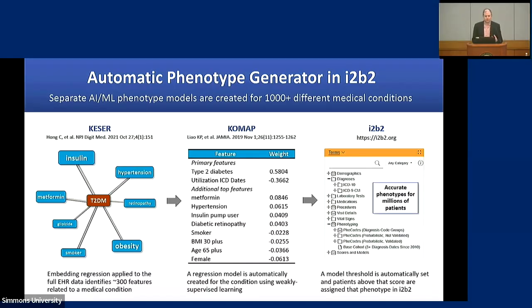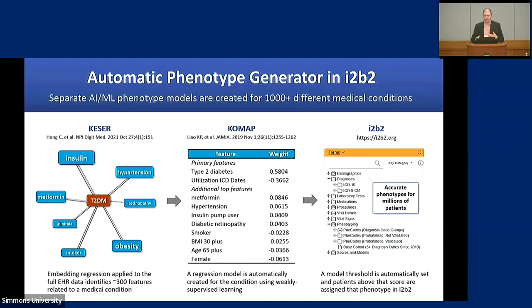It's a software program that takes all the data that's inside of your electronic health record system and starts popping out different models. One regression equation for each disease that's represented in your patient population. So if you have enough data to train the models, this could be 1,000 or more different medical conditions. Each one of those have a phenotype that's been tuned specifically for your institution with no manual work needed.